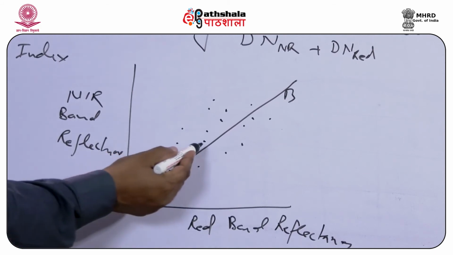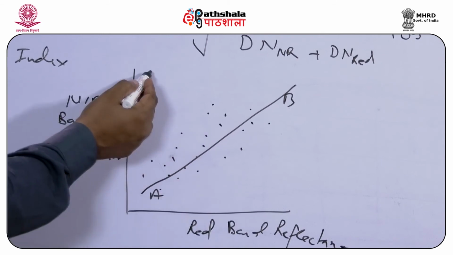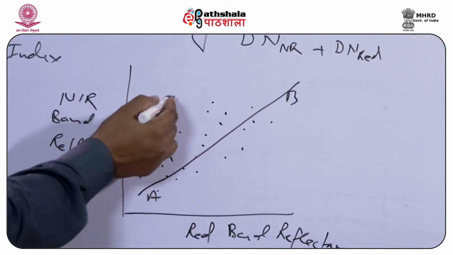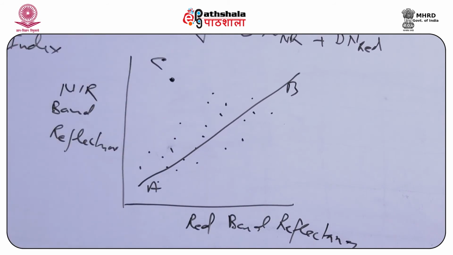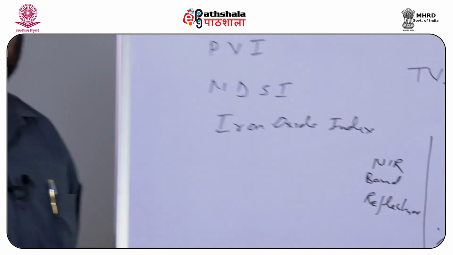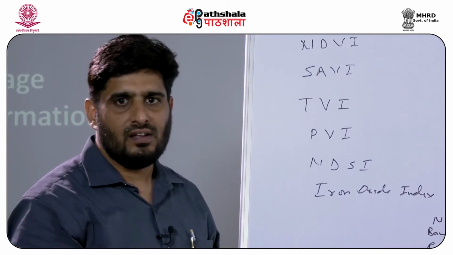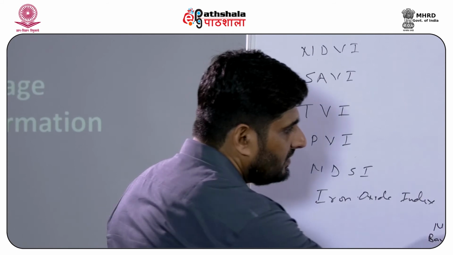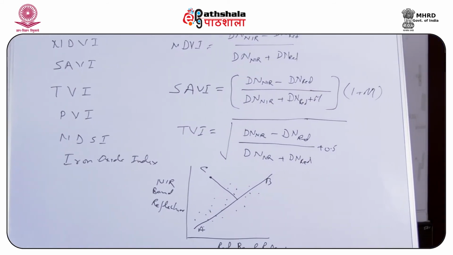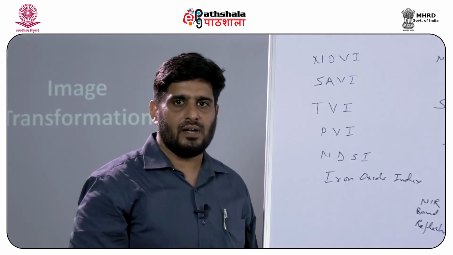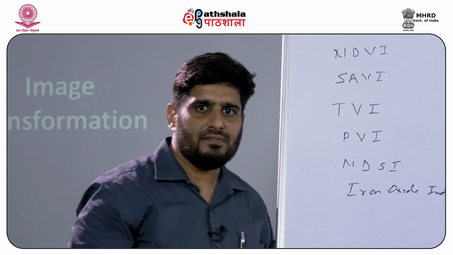As we move away from this line towards the left corner, we reach the vegetation point. For example, if we consider this point C, and we want to develop the perpendicular vegetation index for this point, we will drop a perpendicular from C upon line AB. The length of this perpendicular will give us the value of the perpendicular vegetation index.